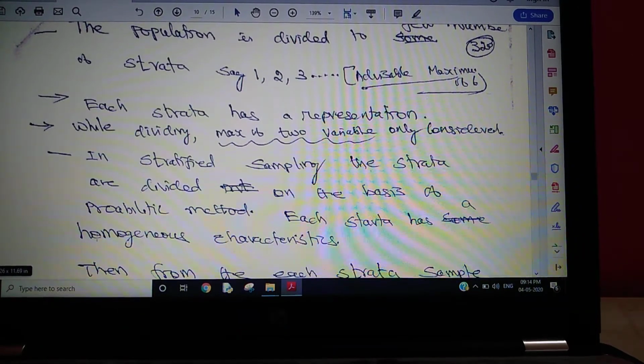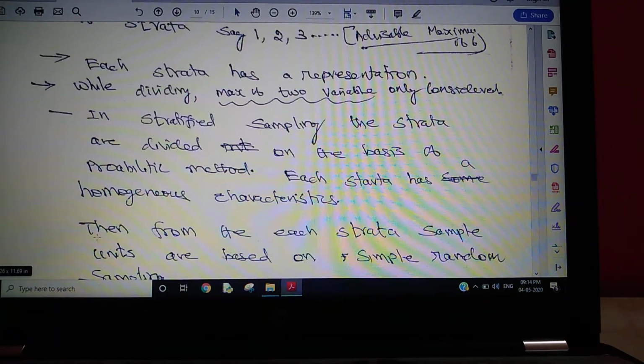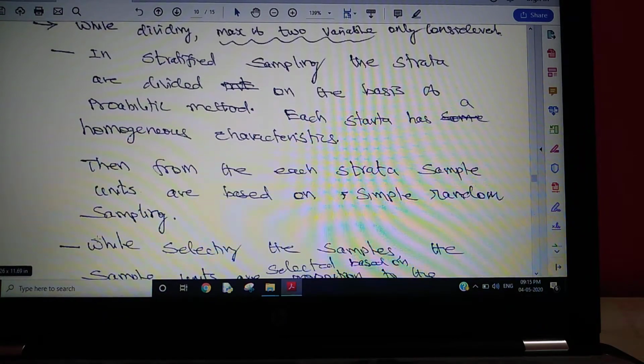In stratified sampling, the strata are divided on the basis of a probabilistic method. Each stratum has homogeneous characteristics. So a very important thing is you are dividing the entire population into 4 or 5 or 6 groups, and within the group there is a homogeneous characteristic.